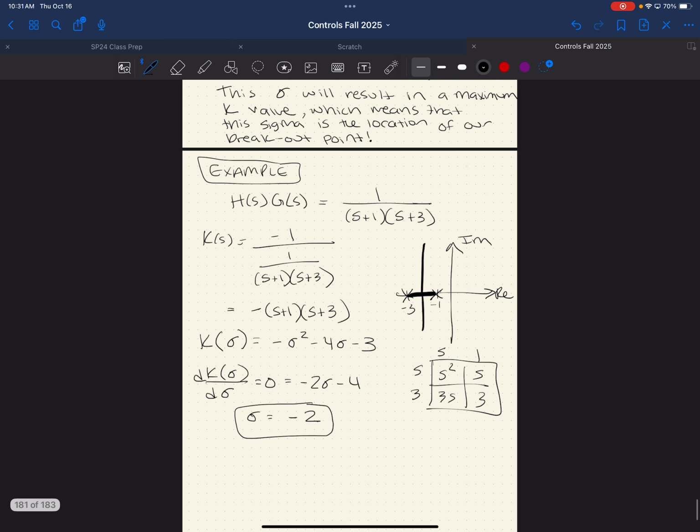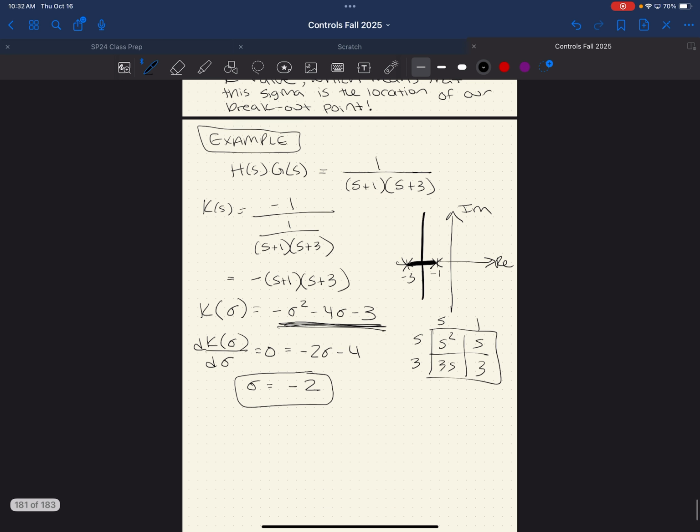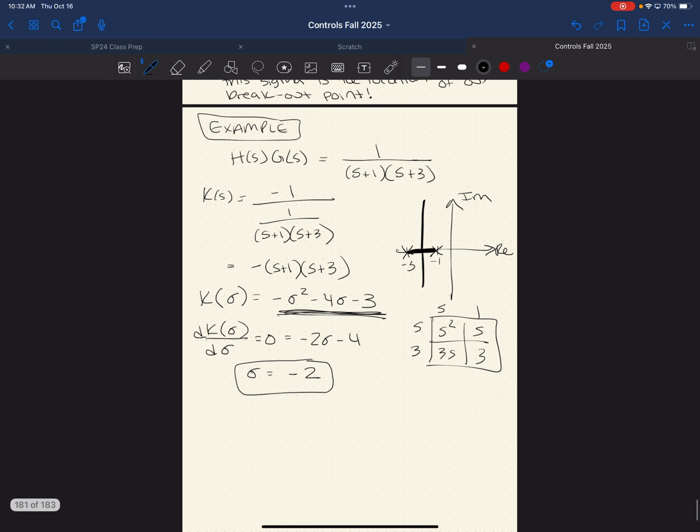Okay, now in this problem, we didn't have any zeros. So taking the derivative of this expression was very easy. But if we had zeros, we would end up needing to take a derivative of something like s cubed plus 4s plus 2 over maybe s to the 5th plus 3s squared plus 8, right?